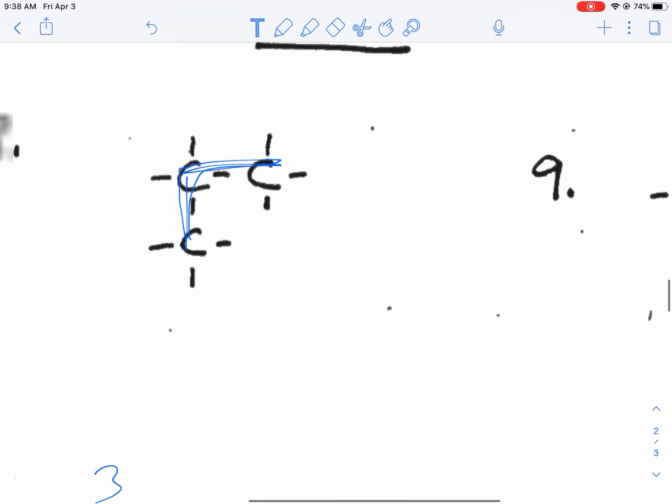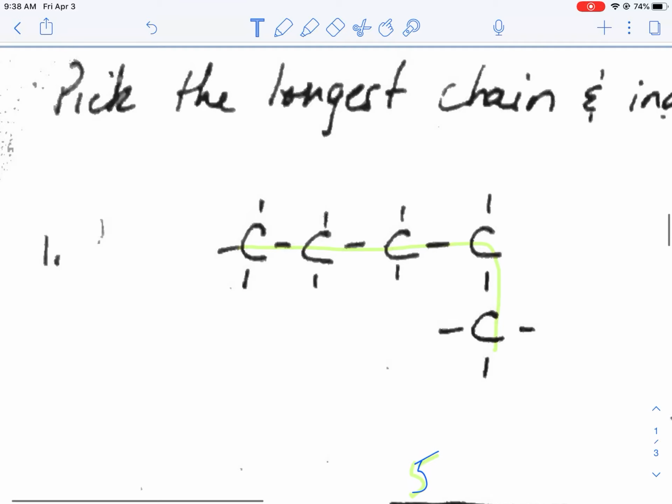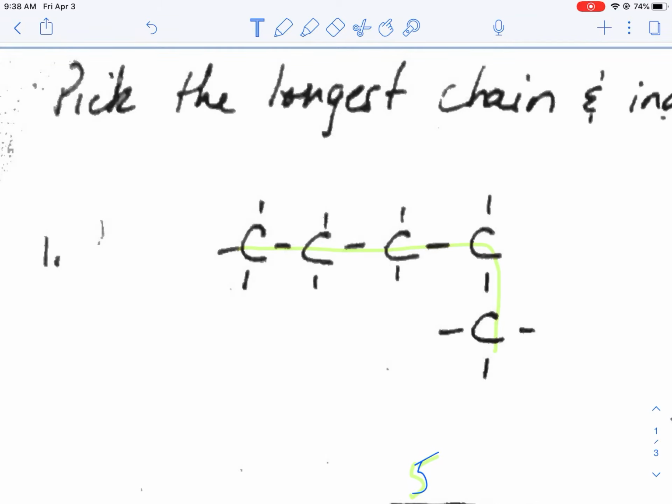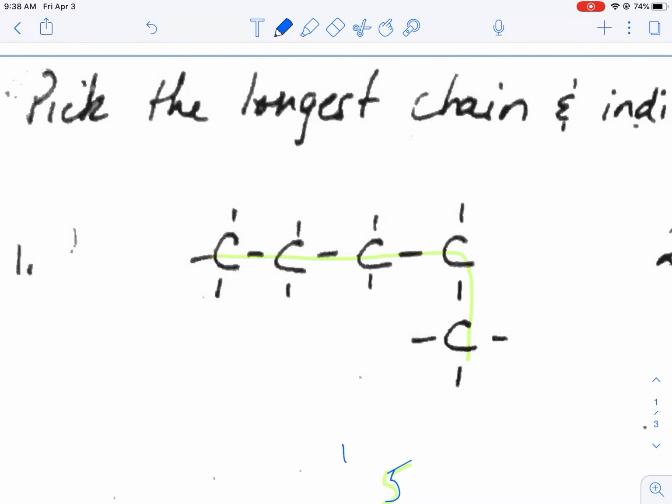Now I'm going to show you today how to name. So going up to the tippity top up here, how do you name 5 carbons singly linked? Well, I'm using tables P and Q, remember, tables P and Q. So 5 carbons is a pent. This is where I'm going to get pent. I'm going to erase that 5 because now we got the pent covered.